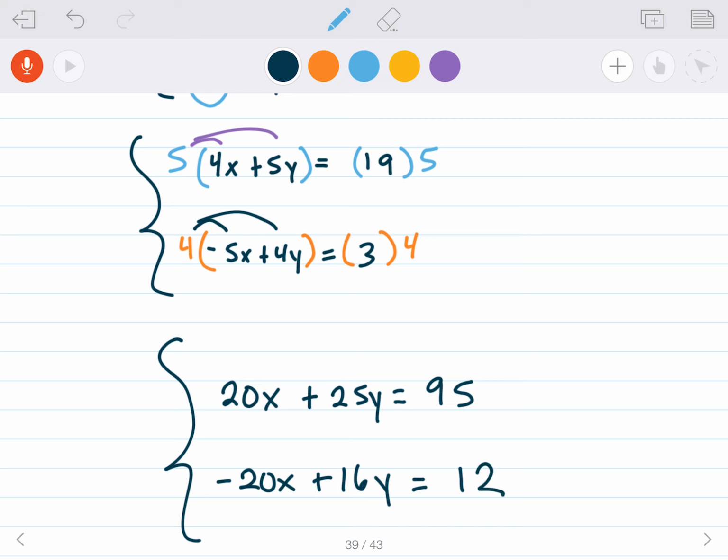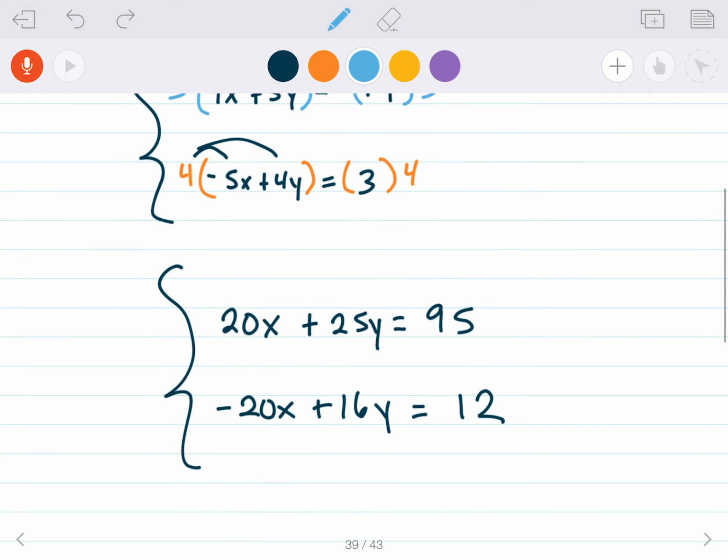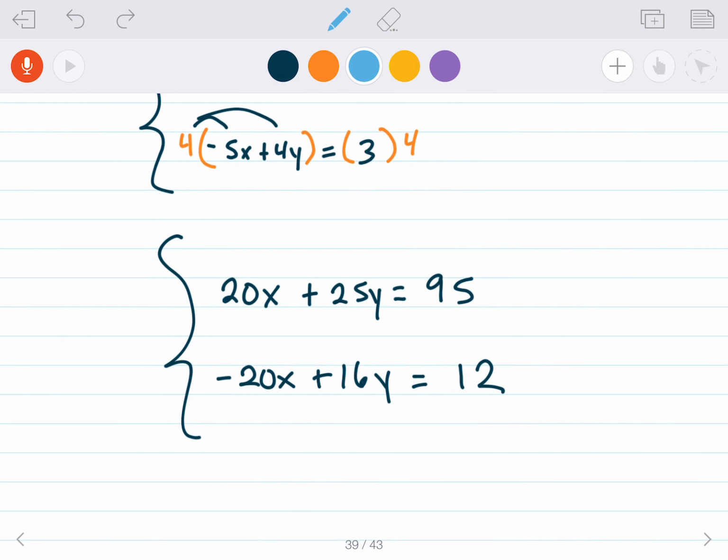And now I'm in a position to eliminate because I have equal and opposite coefficients on x with this new version. So what I can do is add straight down, eliminating those variables, and 25y plus 16y, I'm going to be lazy and use my calculator, my brain's not optimal today, but that gives me 41y, and 95 plus 12 is going to give me 107.